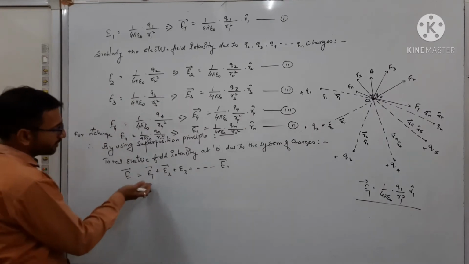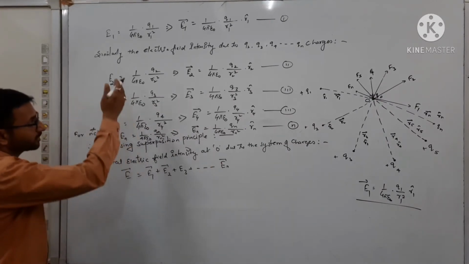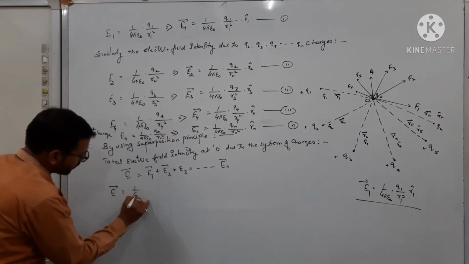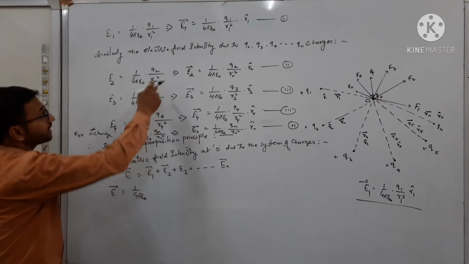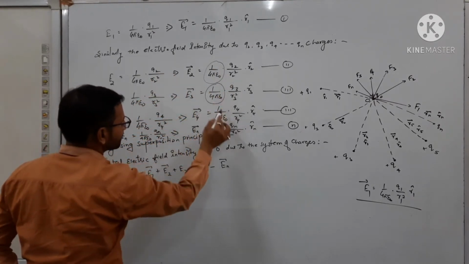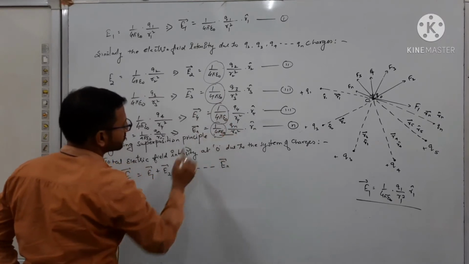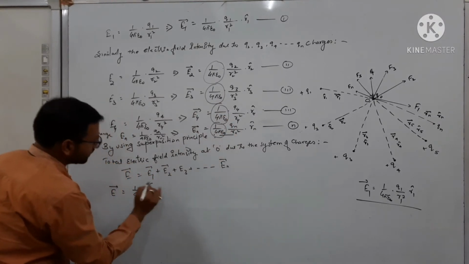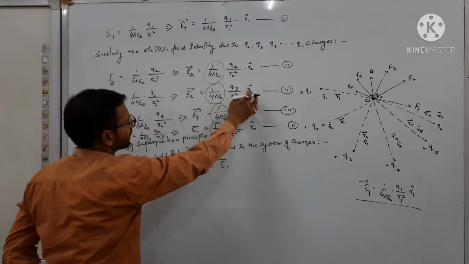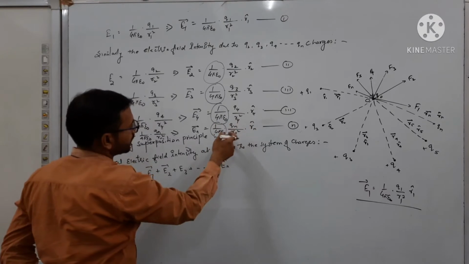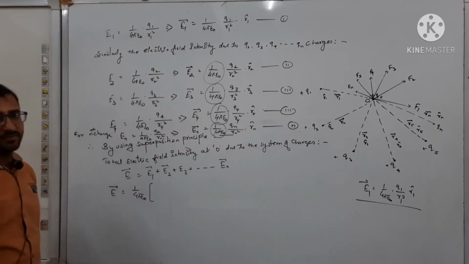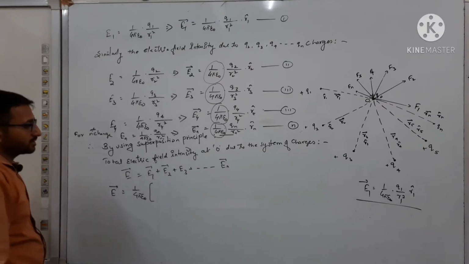Now what we will do, we will substitute all the values here from the above calculation. Therefore the electric field is equal to 1 over 4 pi epsilon naught. See, 1 over 4 pi epsilon naught is common for all. Got it, student? So you can take it as common. After that, Q2, R2, R2, Q3, R3, R3, Q4, R4, R4. In every term, these values are changeable, means these are the variable terms in this derivation.